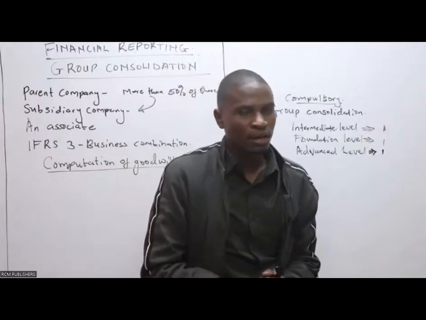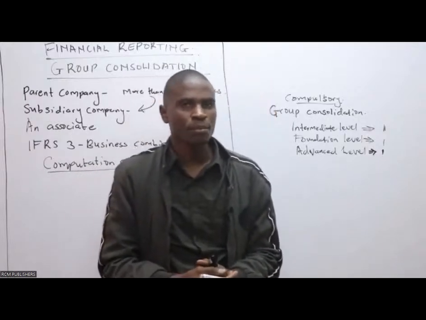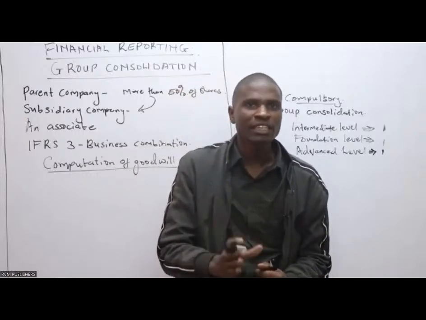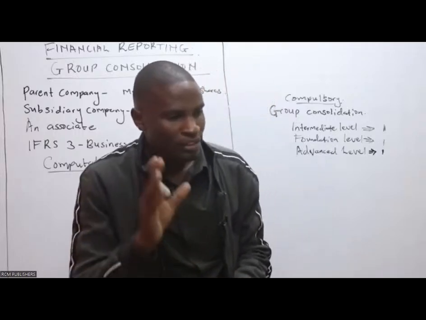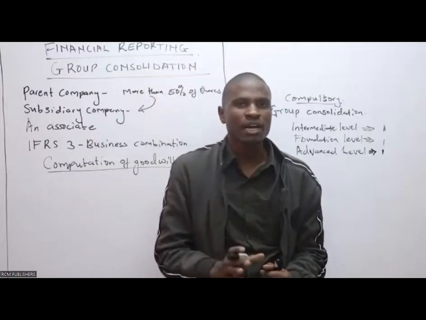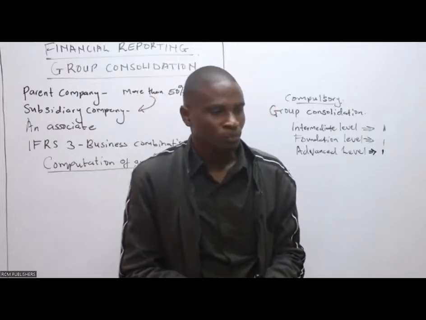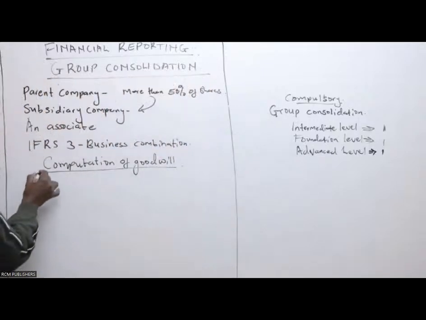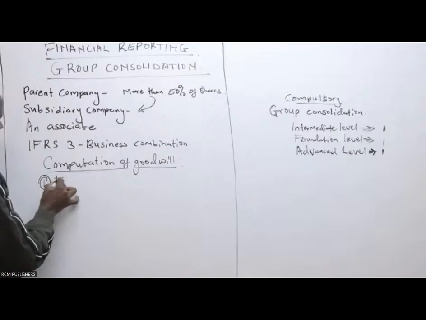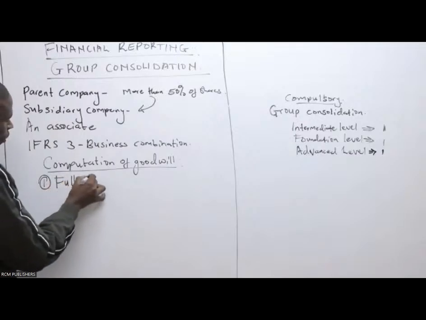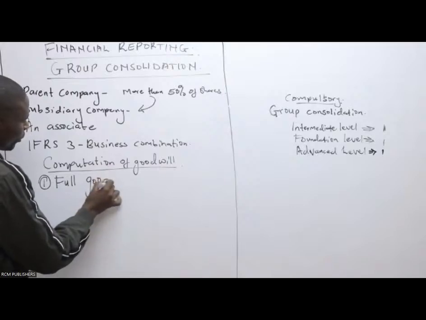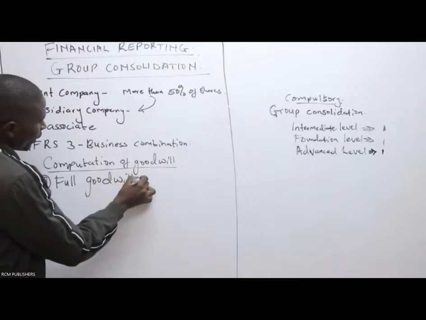Those that have passed the intermediate level, those in the advanced level, can you tell us one of the types of goodwill method? Two types of goodwill computation. One is the full goodwill method.